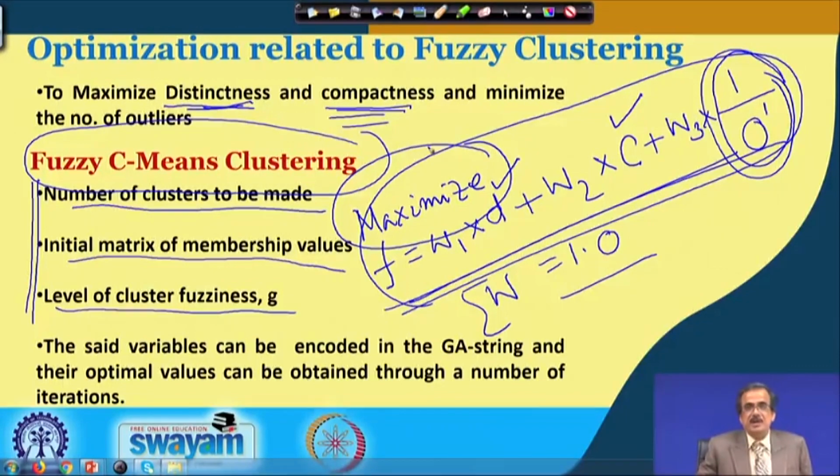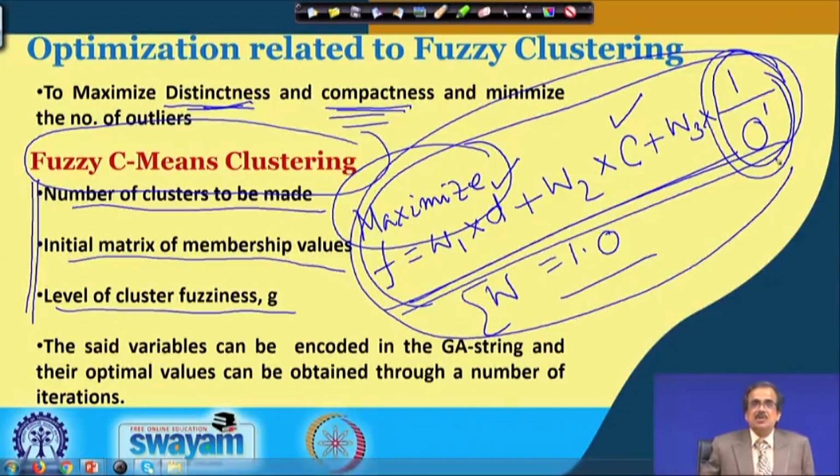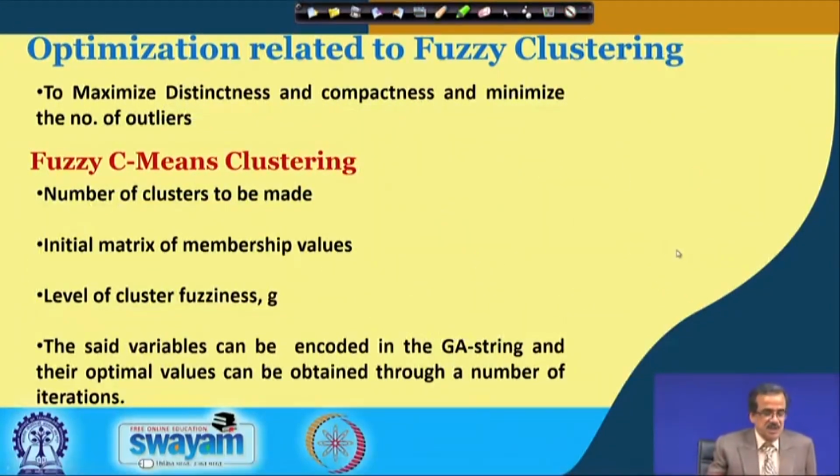GA will try to find out through a large number of iterations what should be the number of clusters to be made, what should be the matrix for the membership values, and what should be the level of cluster fuzziness, so that this particular condition gets fulfilled, and it will try to find out the optimal clustering using the fuzzy C-means clustering.